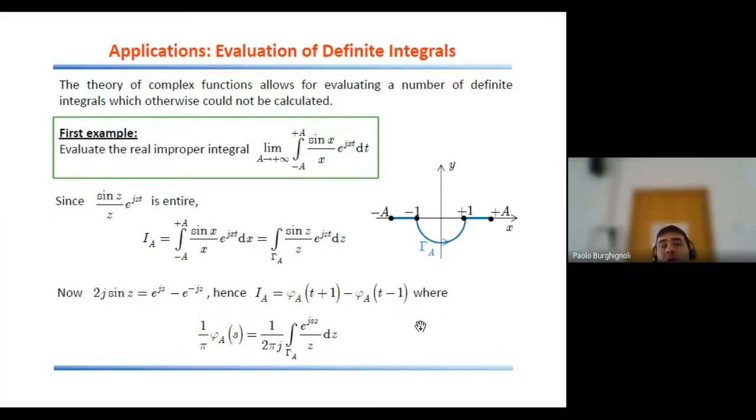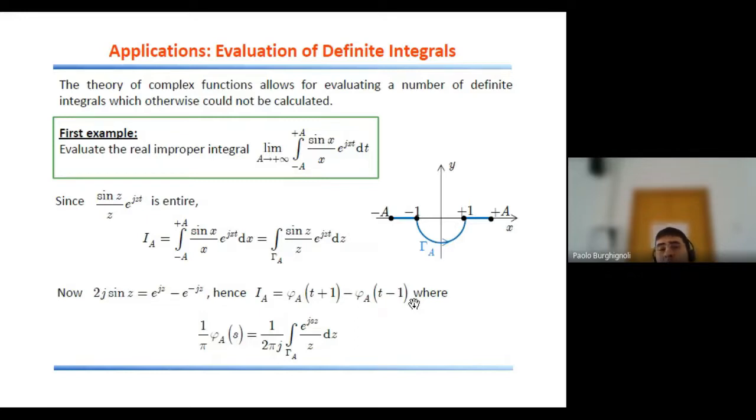Now, if you define the function phi sub a of s, where s is a real number, as you can see at the bottom of this slide, as the value of the integration along the half circle gamma of the exponential e to j s z divided by z, then it's easy to see that our original integral, the one with the sine function, can be evaluated in terms of this new function phi by evaluating phi sub a at t plus 1 and then subtracting phi sub a evaluated at t minus 1.